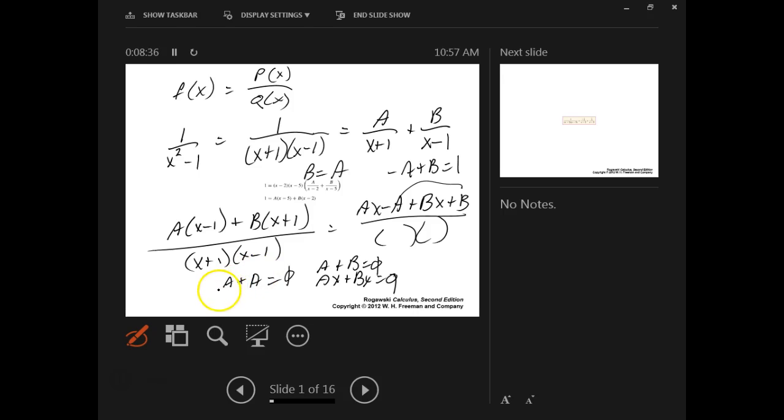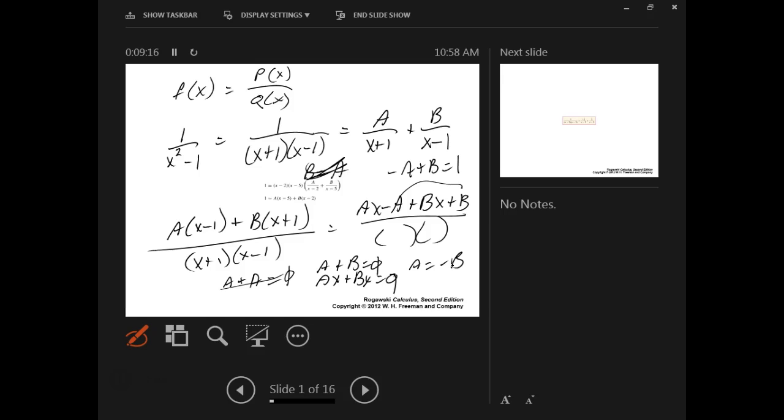Well, either A is equal to 0 or, wait a minute. I've done something backwards here and I can't see where I did it. Minus A plus B. Oh, wait. Here. Did it backwards, yeah. Not that way. A plus A is equal to minus B. That's it. So A plus B is equal to 0.